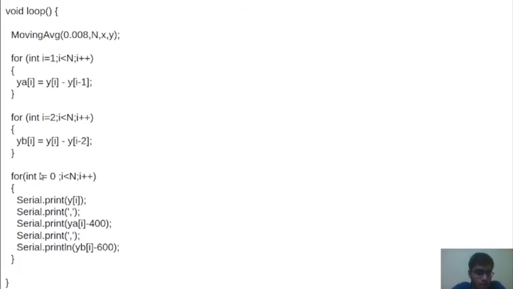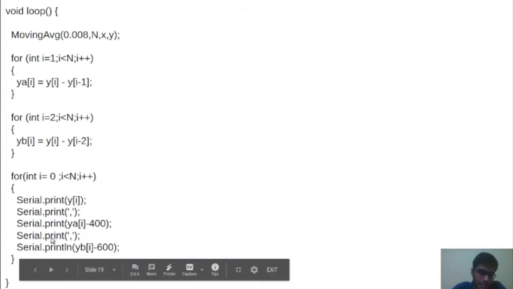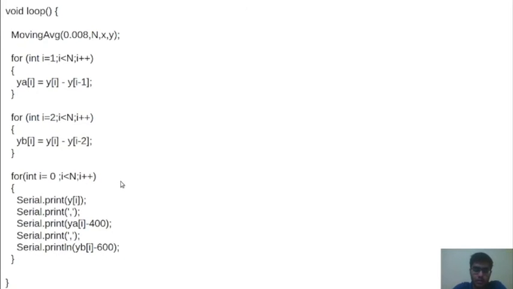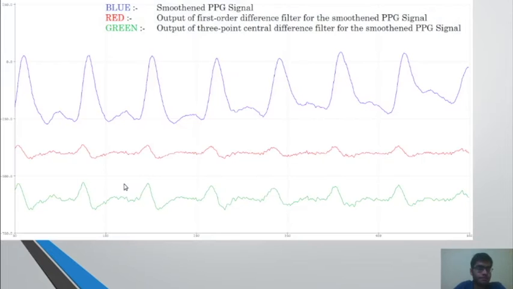Now we got all these outputs, and we are just plotting them on the same graph in order to analyze them in a better fashion. So here we see three graphs. The blue one is the smoothened PPG signal, the red one is the output of the first order difference filter, and the green one is the output of the 3-point central difference filter.